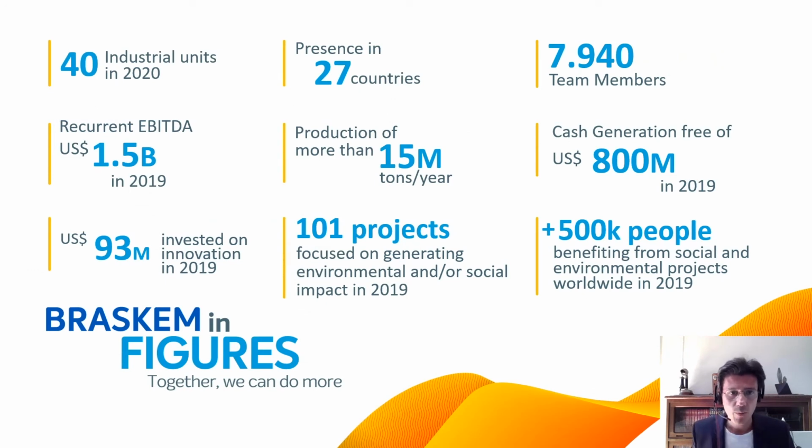We have presence in 27 countries. We have EBITDA of $1.5 billion, 80,000 people working across those countries, and we have invested something around $100 million in innovation in the past years.